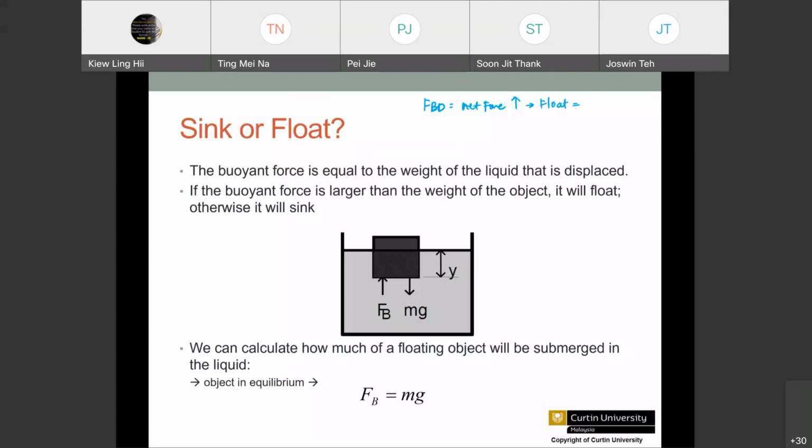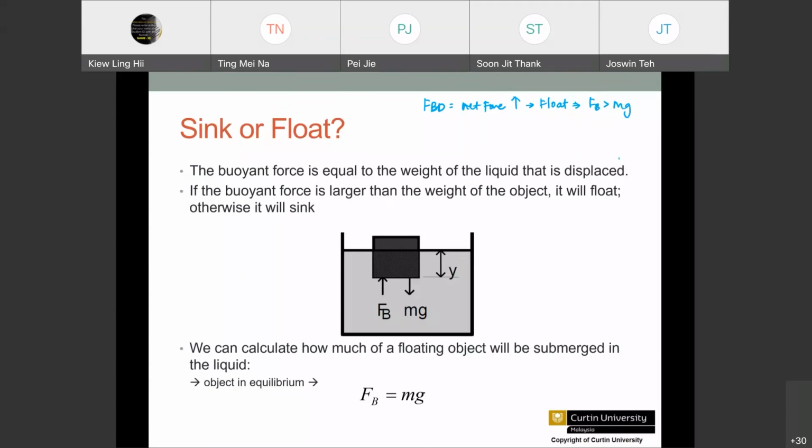To have the net force going upwards, your maximum buoyant force should be larger than the weight of your object, mg.